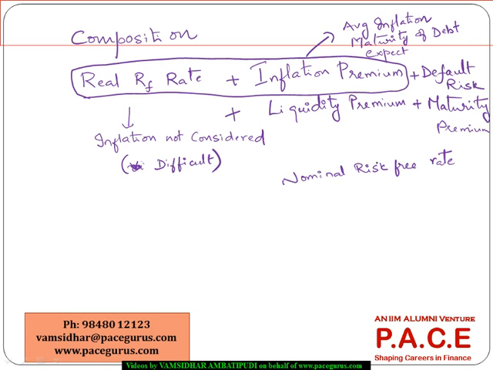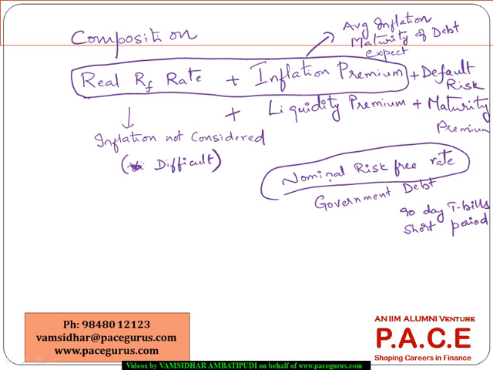Generally, we see that government debts, probably 90-day treasury bills, whatever interest rate is associated with this short period, because the moment I go for a longer period, maturity premium is going to come into the picture. So when I am looking at a shorter period government debt, whatever interest rate is available on that, we can equate it to a nominal risk-free rate.